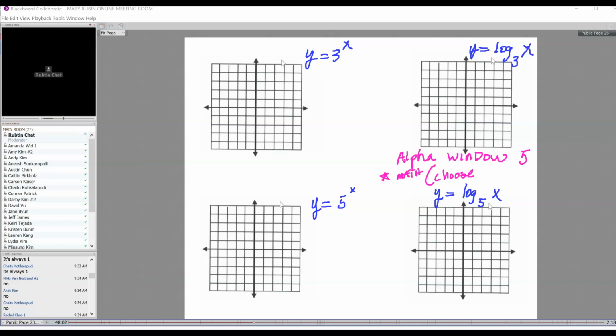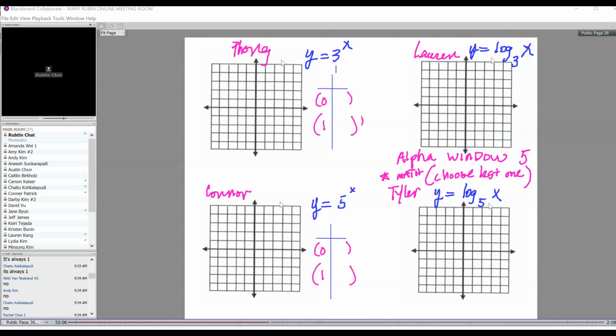It's just that you don't see it, so sometimes you forget. Those are the ones I actually want you to graph. And then I'll write in a different color the people who are going to check.